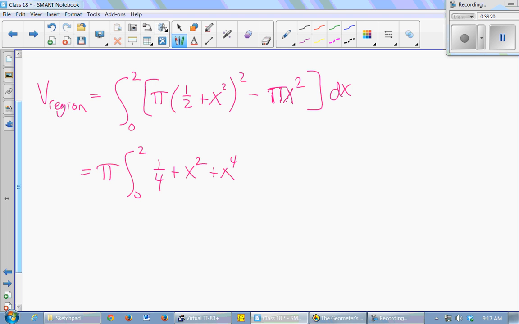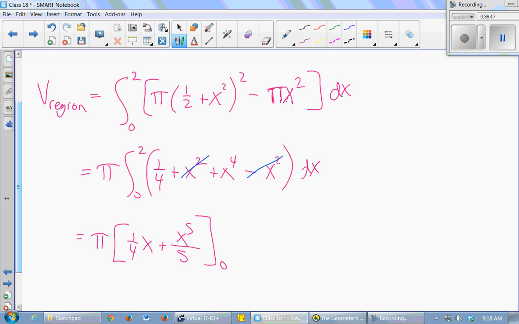And then I have a minus x squared. dx. The x squareds cancel. And then taking the antiderivative is easy, because this is just a power rule. Pi times (1/4 x plus x to the 5th over 5), evaluated from 0 to 2.